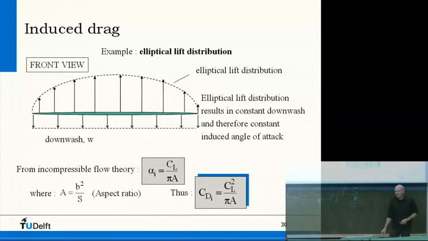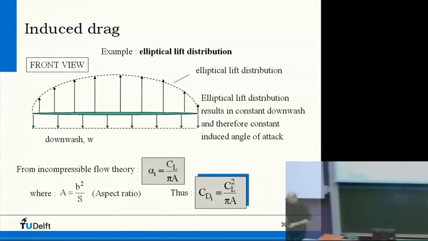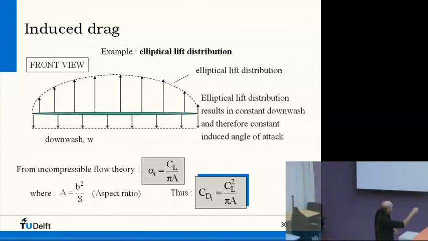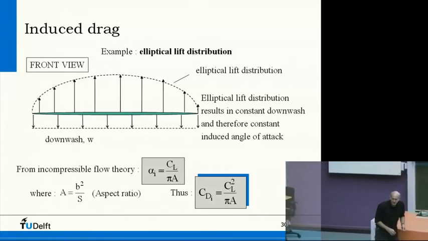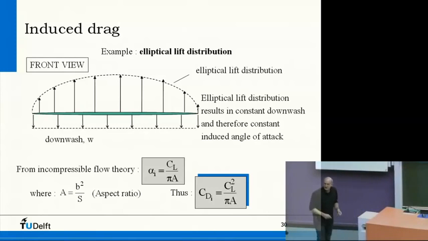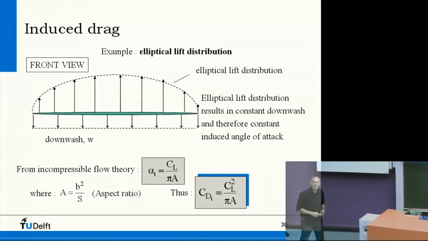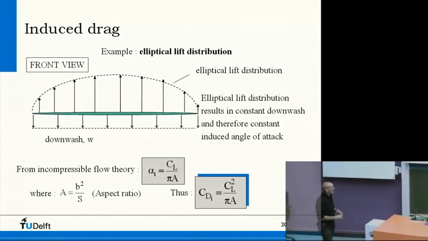So that's why you can shape your wing in such a way that you will have this elliptical lift distribution like here, and then over the entire span of your wing, the downward pointing velocity is constant. And in this case, when this is constant, then we have the lowest induced drag.